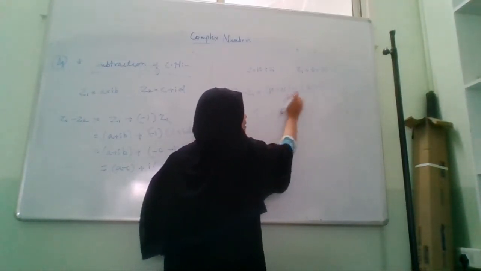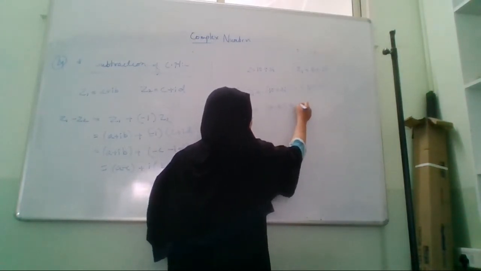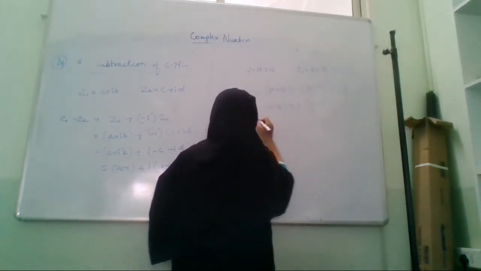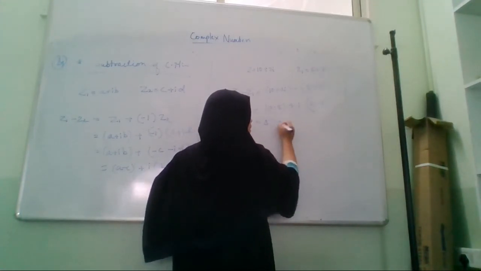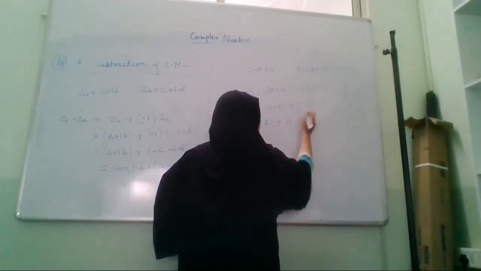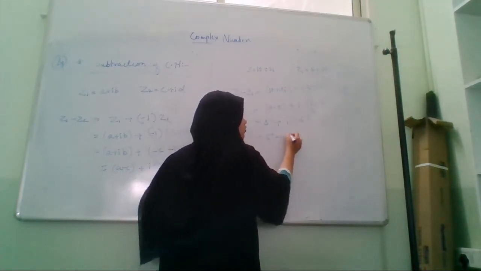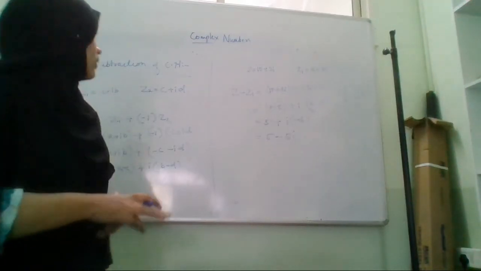So this will be 10 minus 5 plus, taking i common, 2 minus 7. So this will be 5 plus i of 2 minus 7, which is minus 5. So the answer will be 5 minus 5i, taking the minus out. I hope the subtraction is clear.